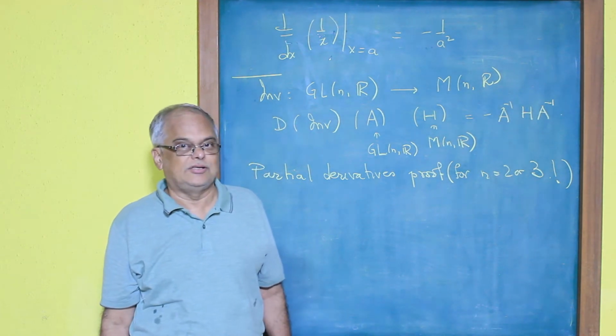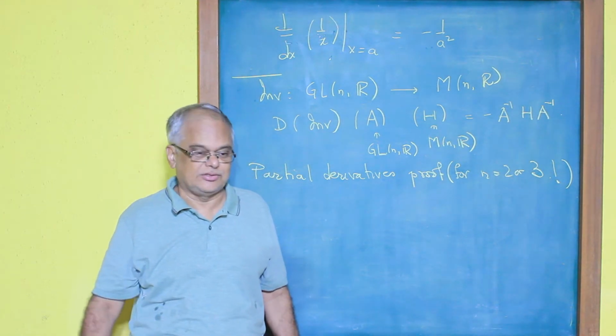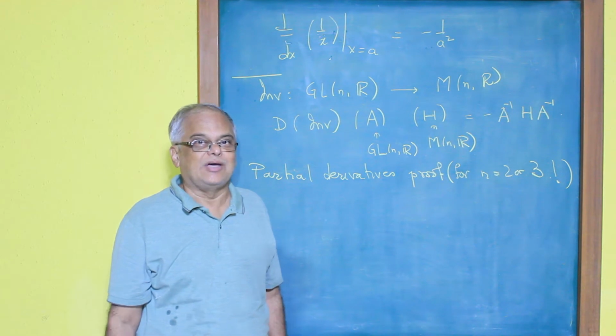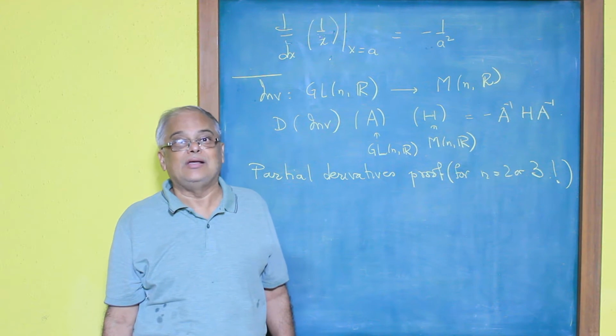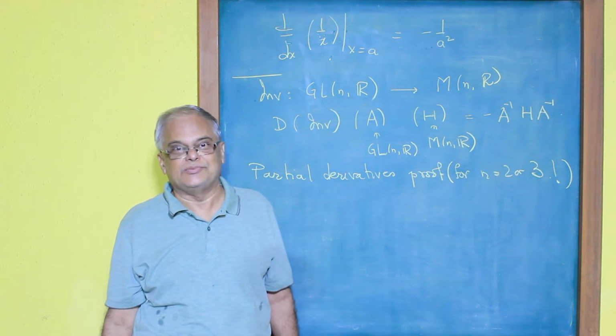You're going to have lots and lots of problems. You will not be able to show this. So this is probably a very glaring example where you have to be able to think of the derivative as being a linear map between two vector spaces.